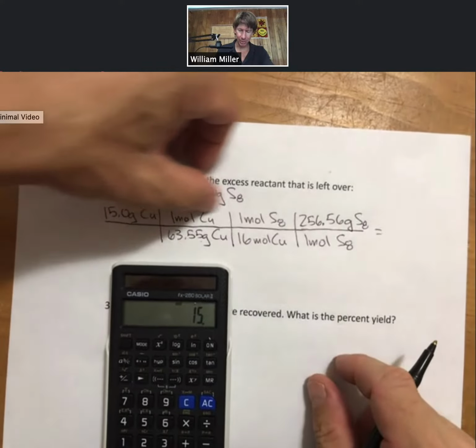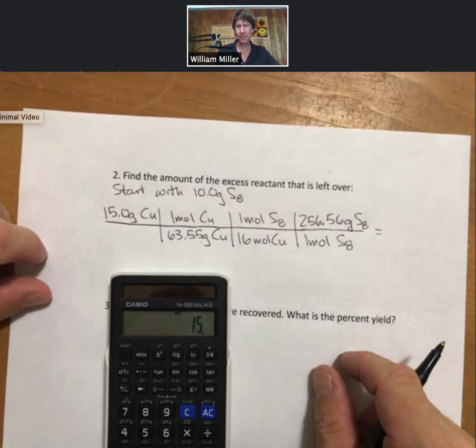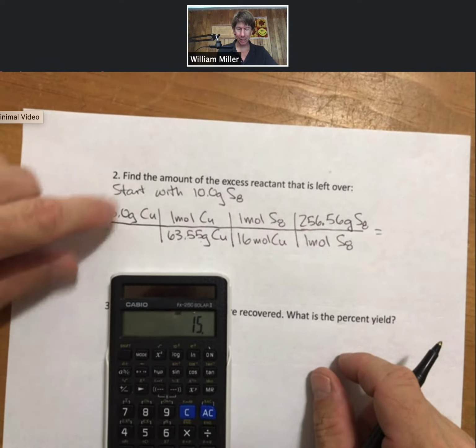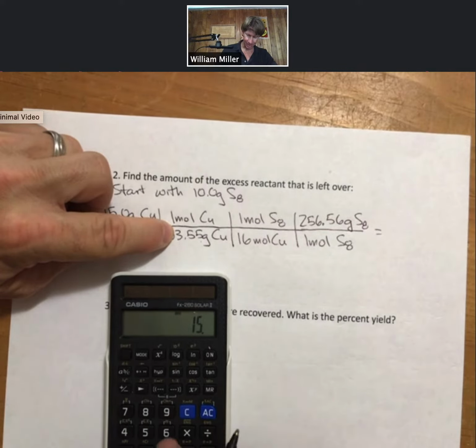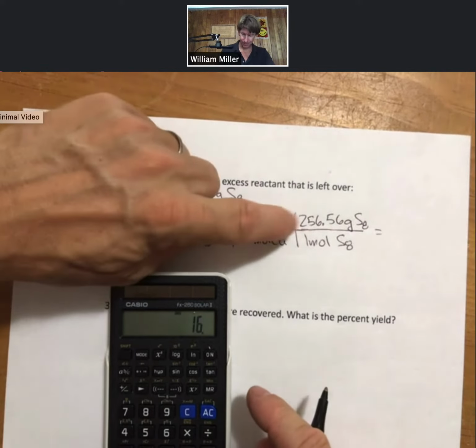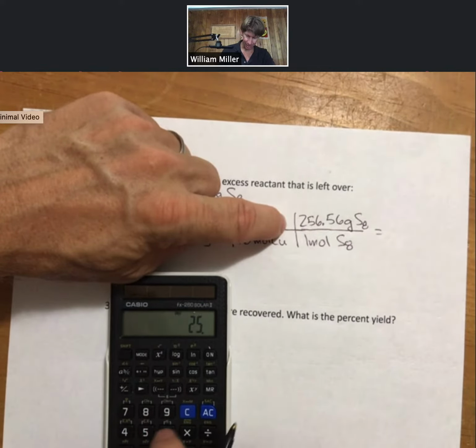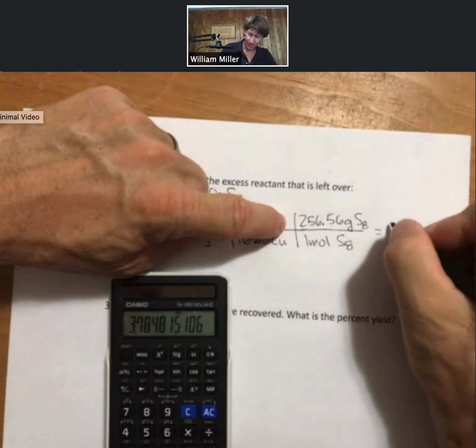Sometimes I like to multiply all the numbers across the top and then divide by all the numbers on the bottom. Sometimes I go individually, so 15 divided by the 63.55, just a 1, divided by the 16, times 256.56, 3.78.